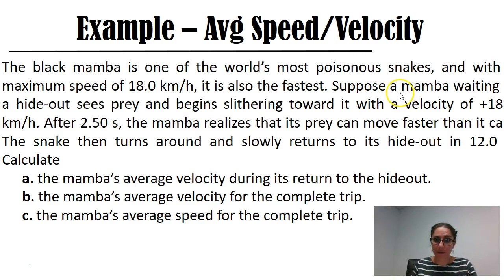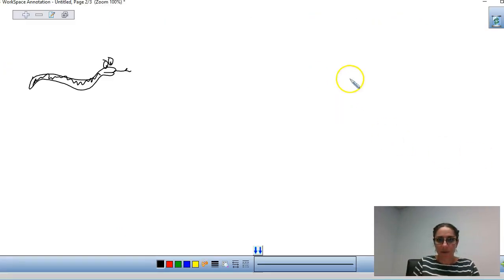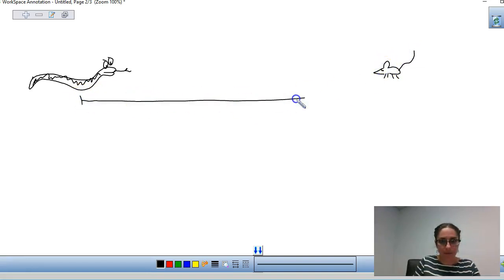But it says, suppose it's waiting in a hideout and it sees its prey and begins to slither toward it with a velocity of that. So, coming back to that page, it sees its prey, right? So let's make a little, I don't know, mouse. Okay, and it's going toward it, so the velocity is positive 18 kilometers per hour.